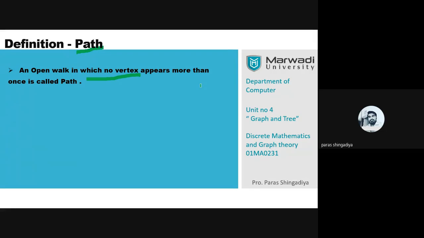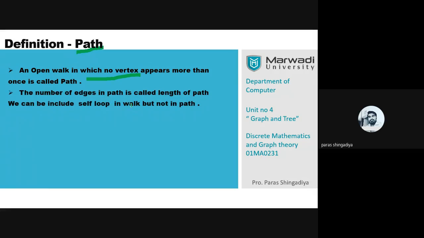Clear? The length of the path is the number of edges in the path. Length of the path means how many edges are included in it. If it includes one edge, then the length will be 1. If it includes 2 edges, then the length will be 2.